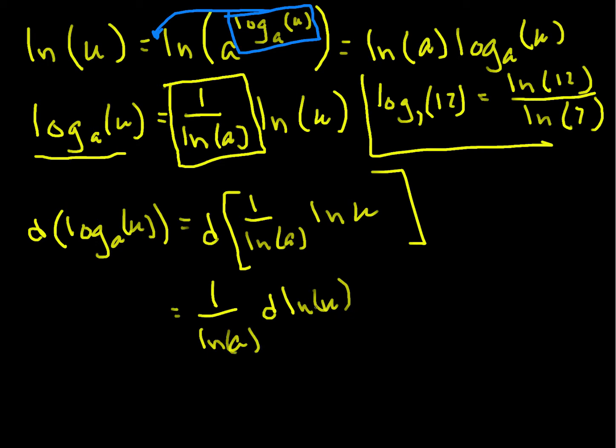And the derivative of natural log of u we just calculated, so this is simply 1 over the natural log of a times u, du.